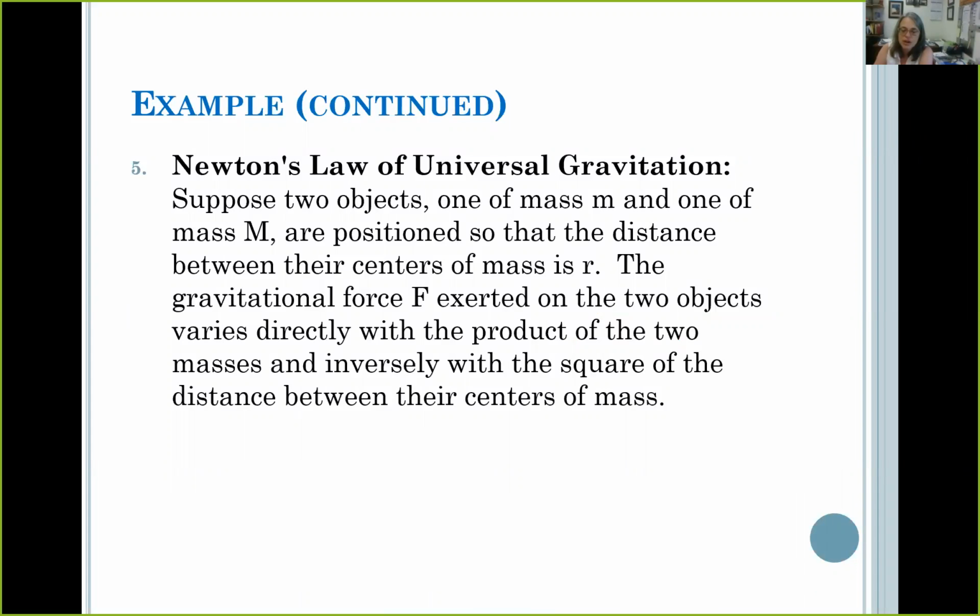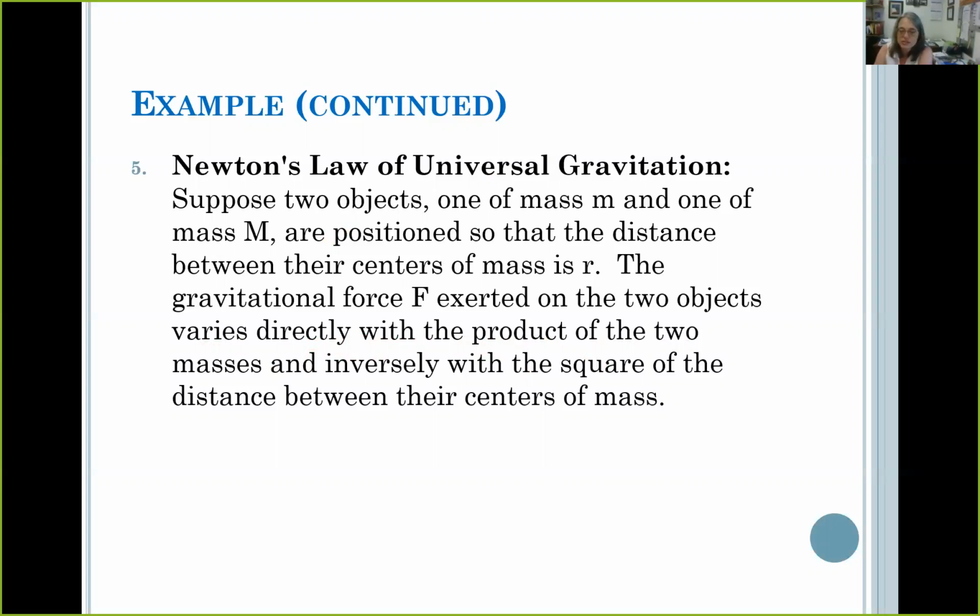Newton's law of universal gravity. The gravitational force exerted on any two objects varies directly with the product of the masses and inversely with the square of the distance between their centers. Here is what that means.